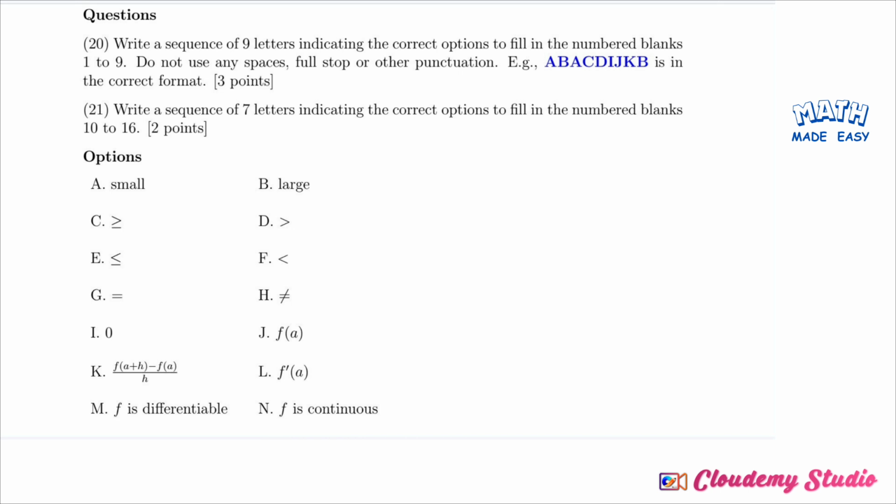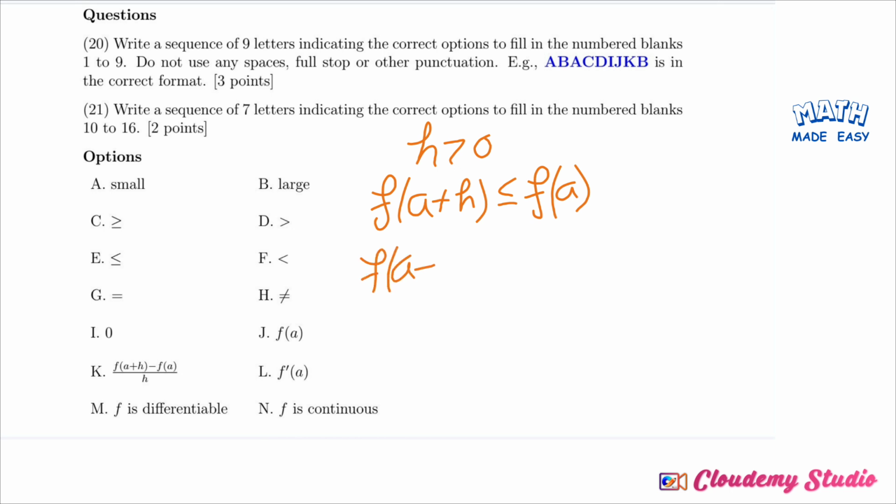So if we take a sufficiently small h, where h is greater than 0, it is given that f of a plus h is less than or equal to f of a. Now for such a quantity, we can write f of a plus h minus f of a over h, it must be this.